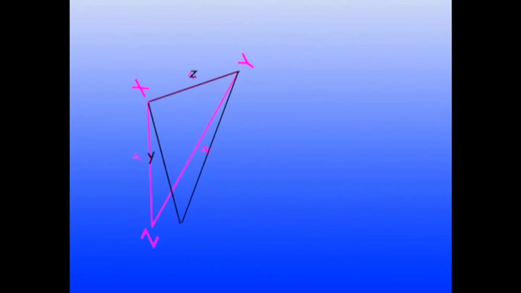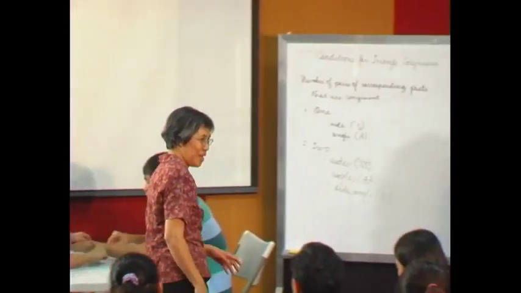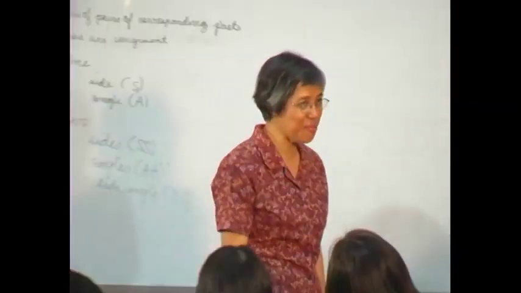You see? This is the original vertex Z. Did the triangles that you constructed look like the triangle that she had shown us? No, they look different.